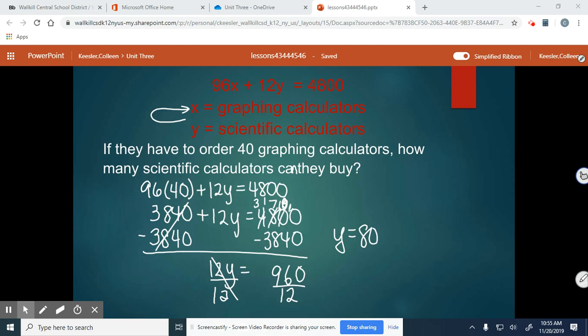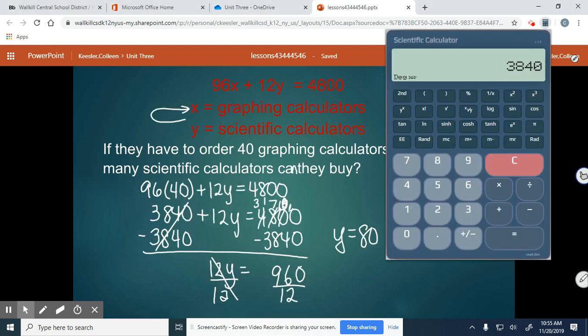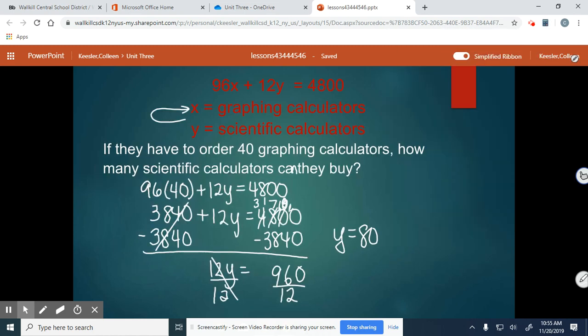And we can make sure we use our calculator and we do 960 divided by 12. Sure enough, we get 80. Okay, so we could get 40 graphing calculators and 80 scientific. So now we're going to use that to answer the next question.